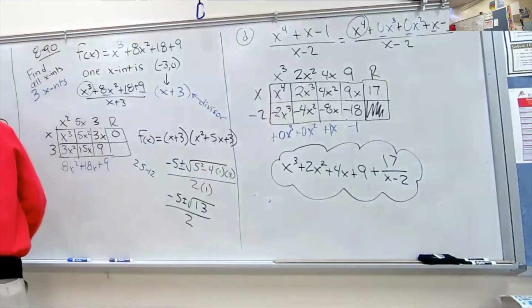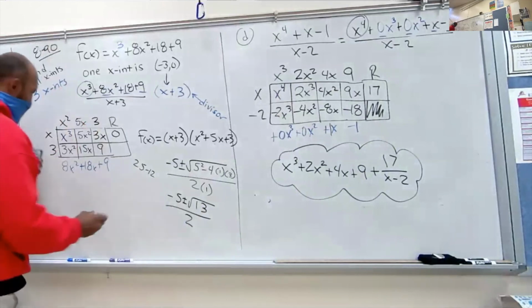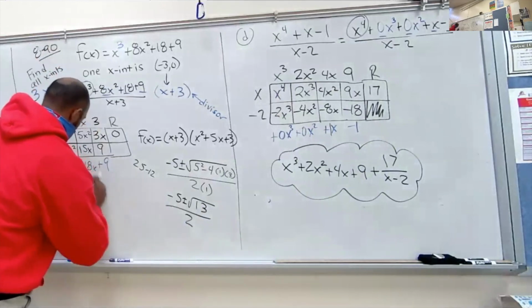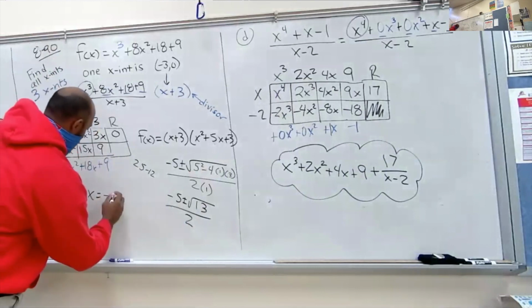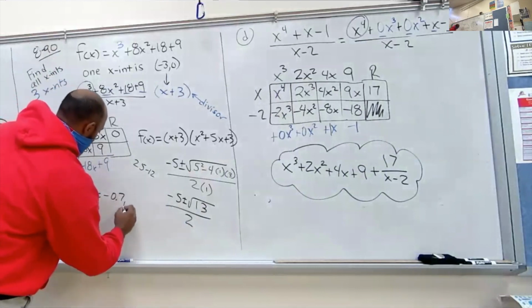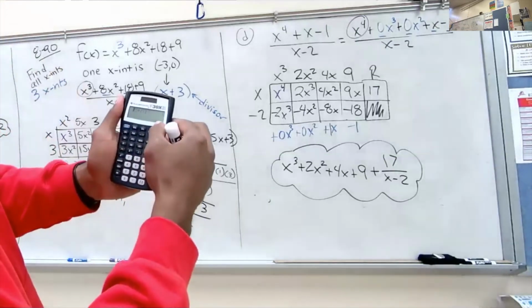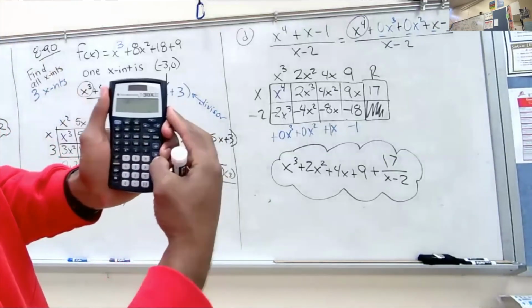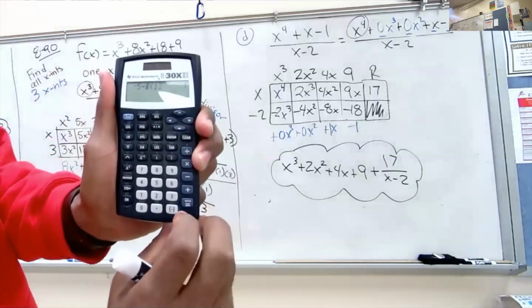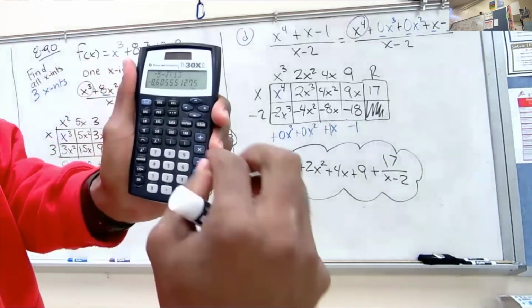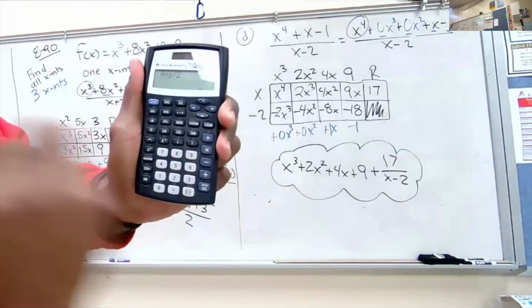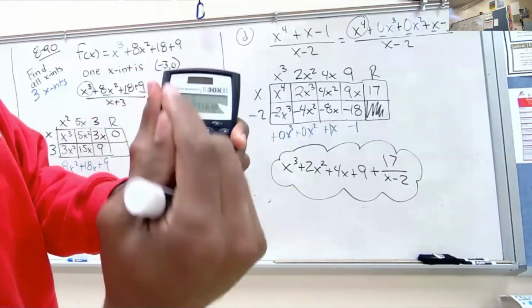Which means x equals -0.7. And then remember, I just have to do the same thing. I'm going to go back up and do minus, and then divide by 2. So now I get negative 4.3.